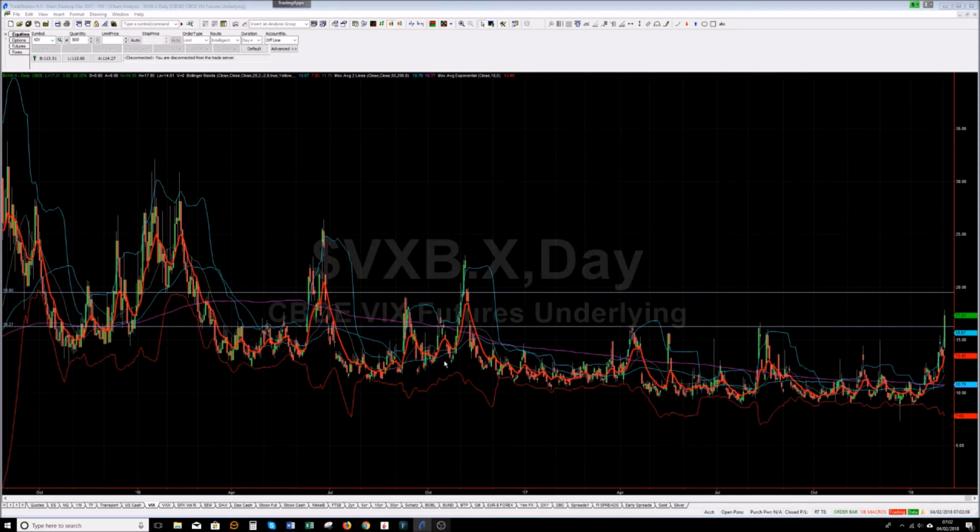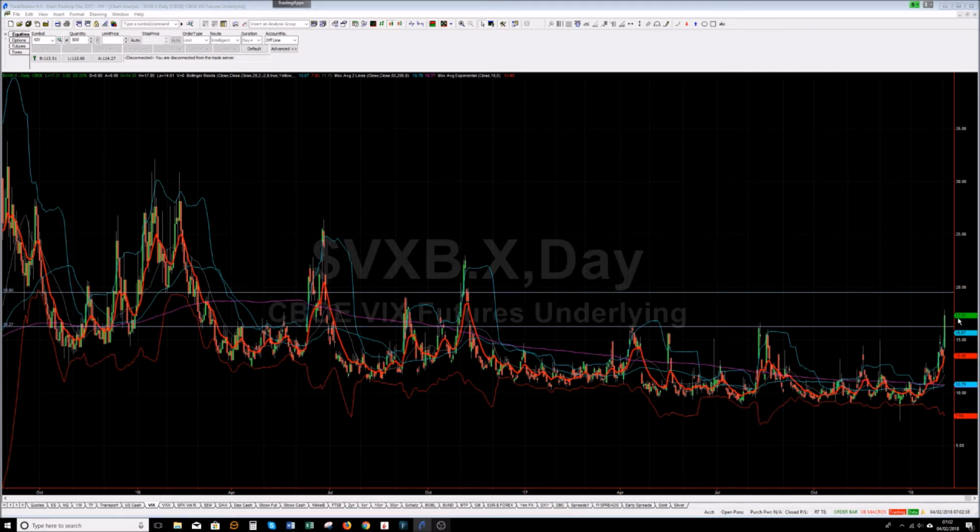This is a daily chart of the VIX. Anything below 16.27 and we are in a bull market for equities. Anything between 16.27 and 19.50 we are in a probable retracement period, and anything over 19.50 and we have a problem.